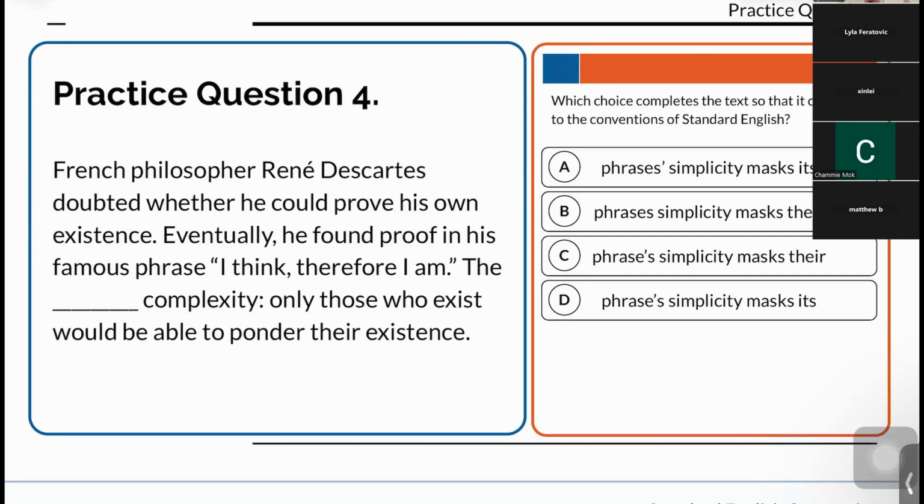A tip with this one is you don't really need much of this at all. The answer choices give you what you need. So take a look at those answer choices and see which one works in this context. Phrases simplicity masks its, phrases simplicity masks there, phrase's simplicity masks there, or phrase's simplicity masks its.